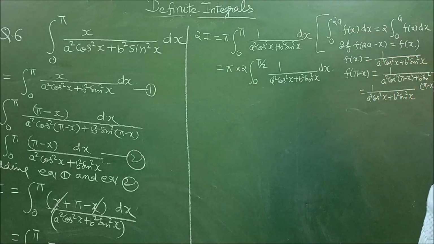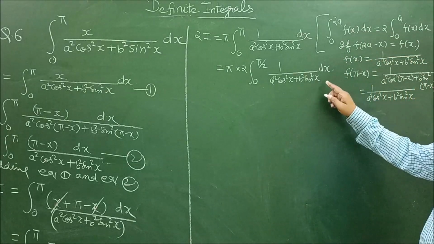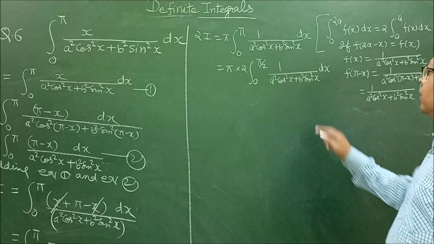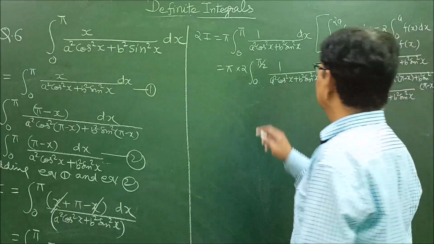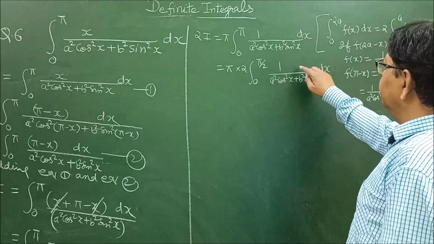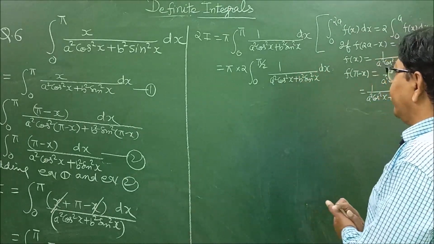Now we need to evaluate this integral. So let us take cos square x common, dividing both numerator and denominator by cos square x.